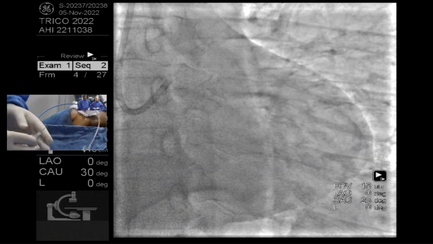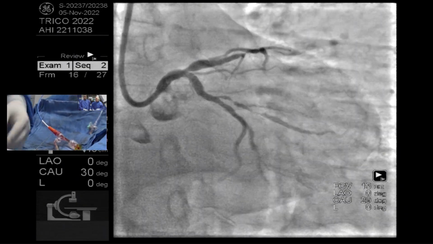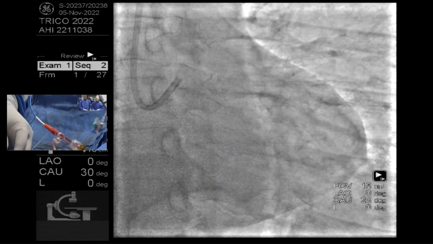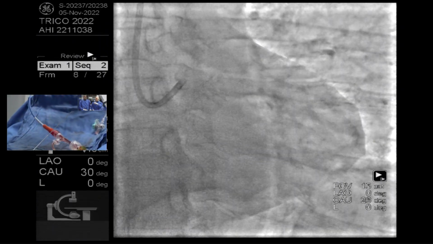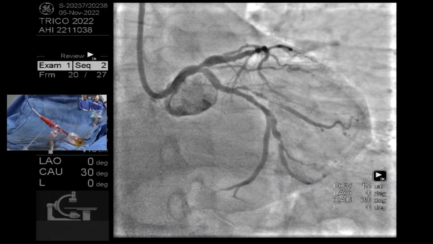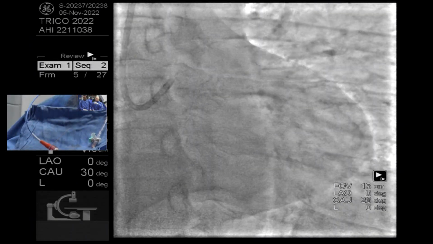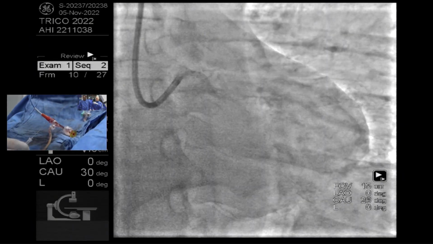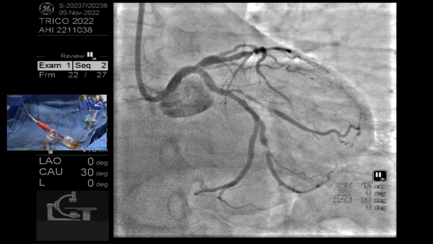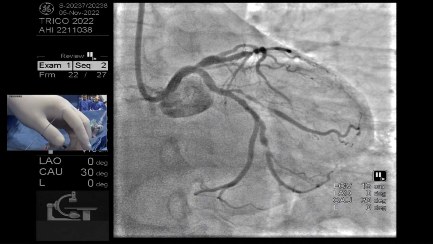This patient actually has double vessel disease, and the right coronary is small, non-dominant. You can clearly see the very tight narrowing in the circumflex artery, two parts, and also the ostial LAD extending to left main. There is some narrowing, and my first target is the LAD.